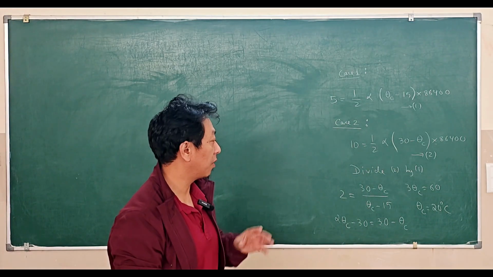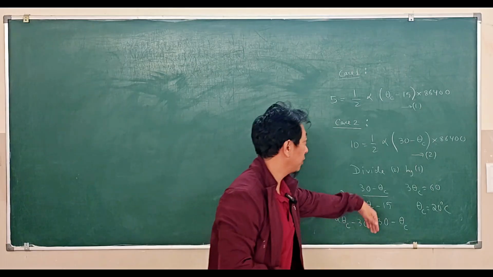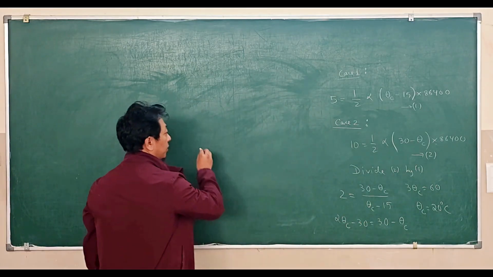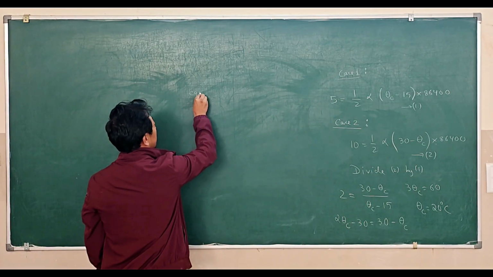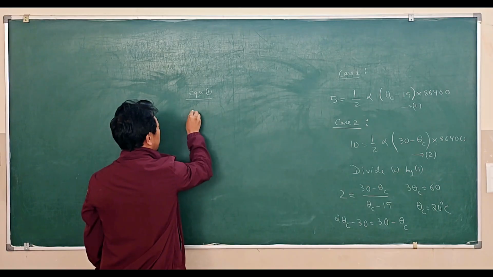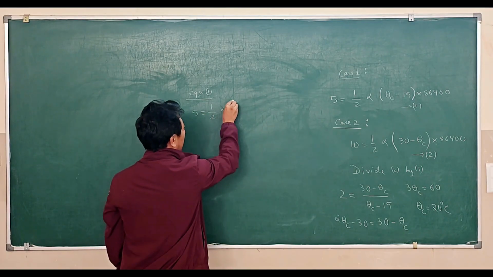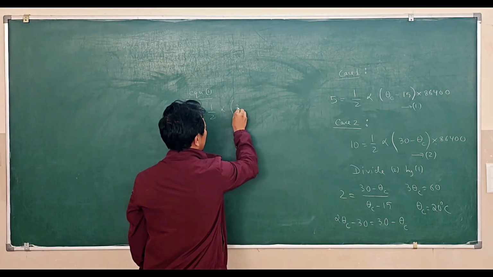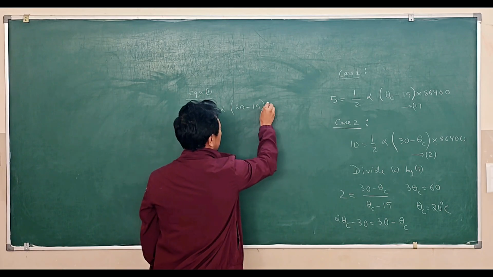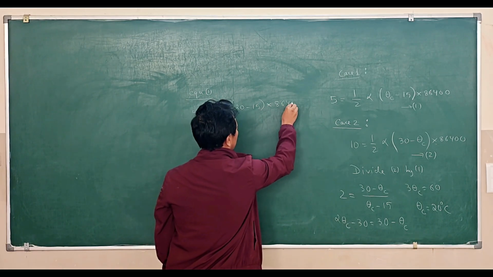Our aim is to find alpha. What we should do now? Substitute it back in any equation. Let us put it in equation 1. So equation 1 will give 5 is equal to half alpha, theta c is 20 minus 15 into 86400.